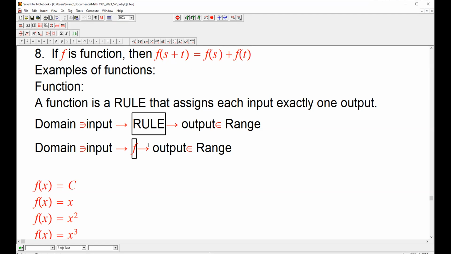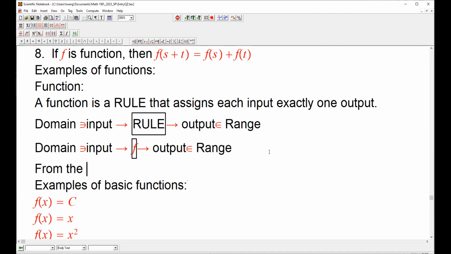If you look at the operation of functions, right? Here I'm writing down, these are examples of basic functions. From these basic functions, right?